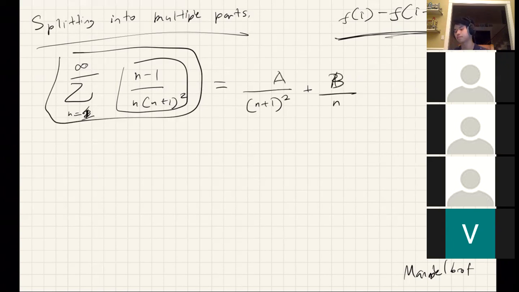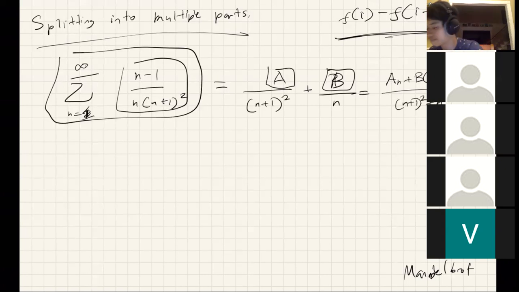Something like this. So what is a and what is b? This comes out to (a times n plus b times (n squared plus 2n plus 1)) over the denominator, right?